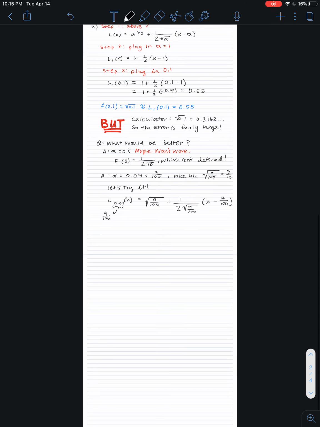Okay, so we could simplify this. We'll get L sub 0.09 of x is equal to 3 over 10 plus, this becomes 3 over 10 in the denominator, and then when we multiply it by 2, it becomes 6 over 10, and then we flip it because it's dividing by a fraction, so it's actually the reciprocal.